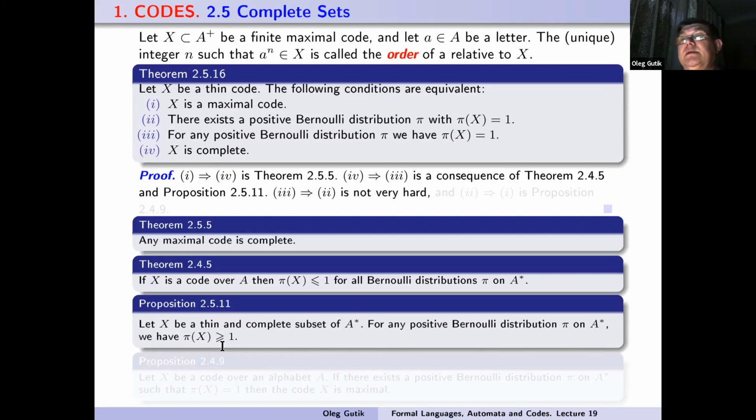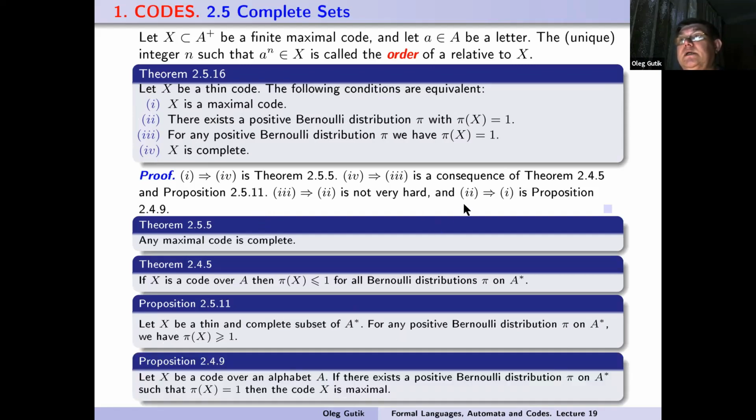The implication that statement 2 implies statement 3 is not very hard, and the implication 2 implies 1 is Proposition 2.4.9, which states the following: let X be a code over the alphabet A. If there exists a positive Bernoulli distribution π of the free monoid A*, so that π of X is equal to 1, then the code X is maximal.